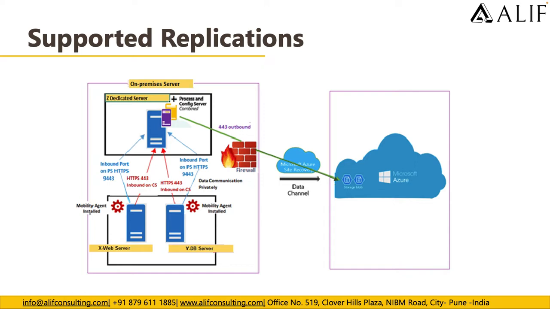For that, you need to install a mobility agent on the VMs, which is responsible for doing the replication from on-premise to Microsoft. When replicating from on-premise to Azure, you need three servers: a process server, a configuration server, and a master target server. These are the three components required.